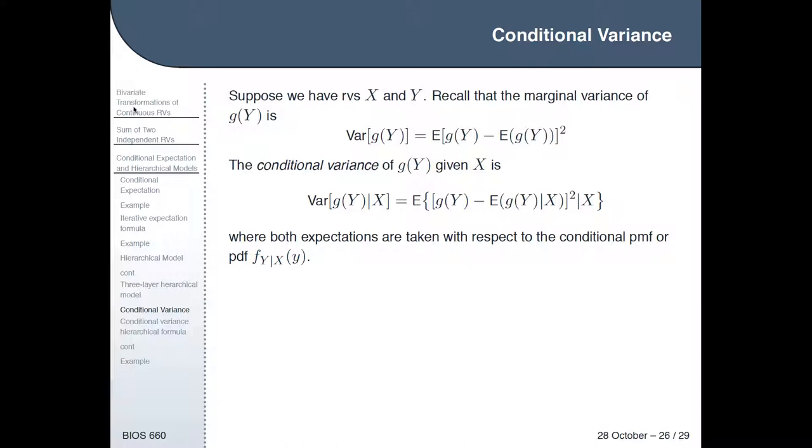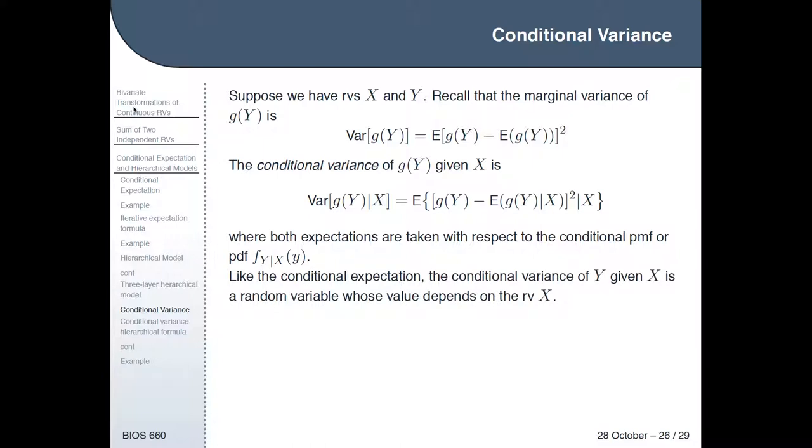And so we can define conditional variance similar to the way that we define conditional expectation. If you want to find the conditional variance of y given x, that's the expected value of y minus the expected value of y given x, squared. All of that's given x. And both of these expectations are taken with respect to the conditional PMF or the conditional PDF.